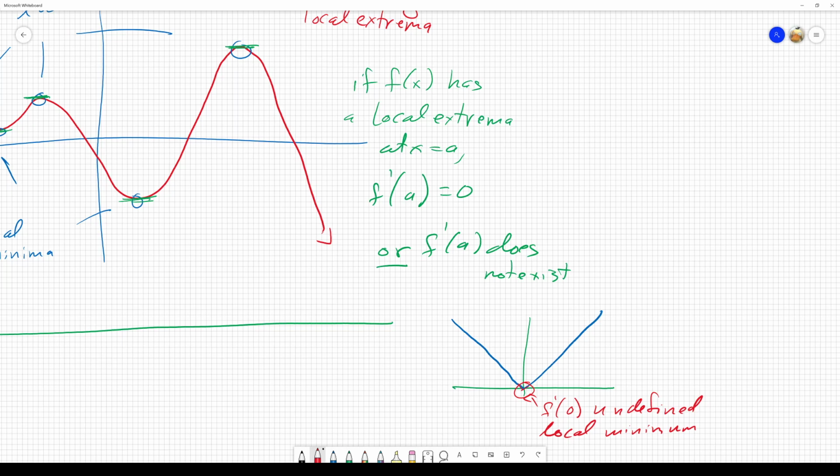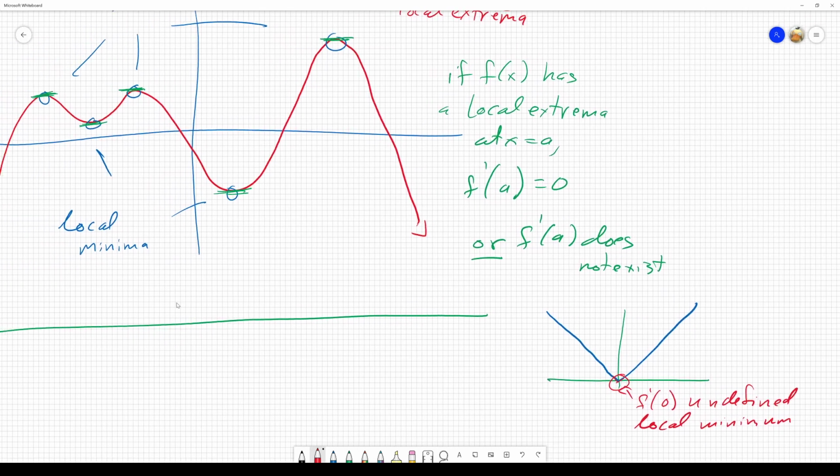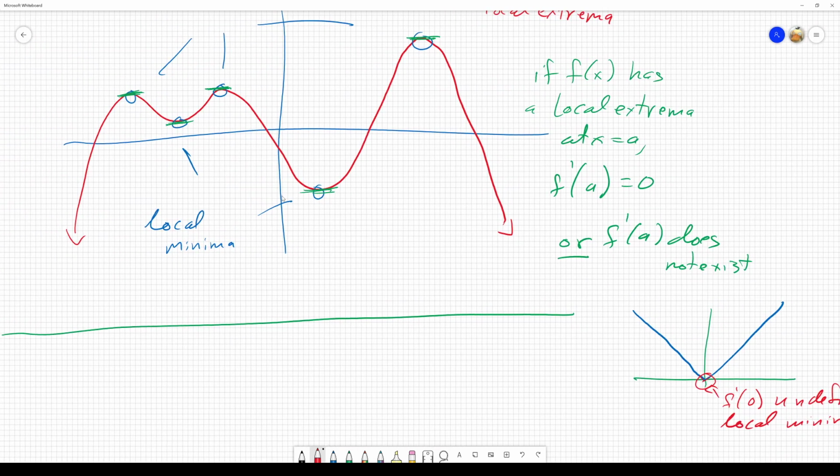And so in essence, what we're going to do is find the derivative of the function, identify the values at which the derivative is 0 or undefined, and these points are sometimes called critical points or critical values.